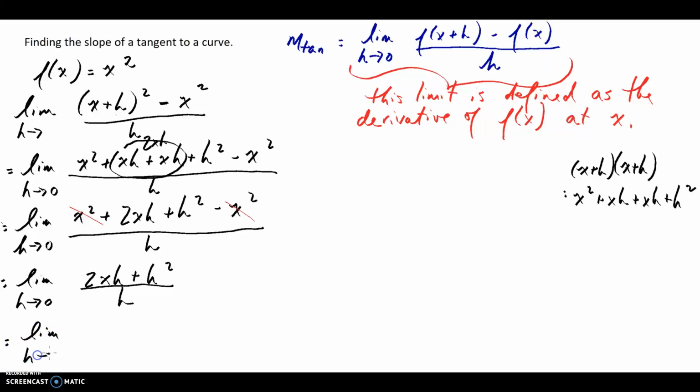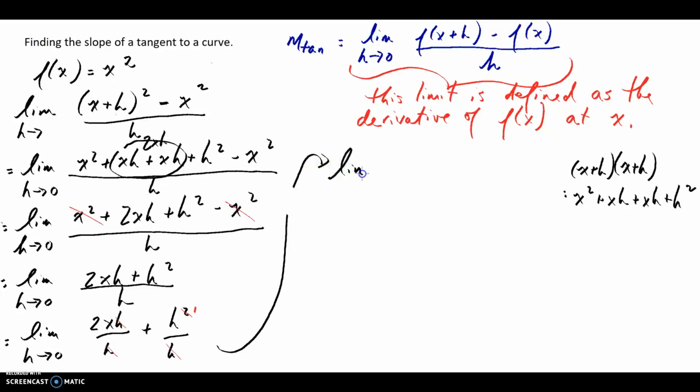The limit as h goes to 0. I'm going to write 2xh over h plus h squared over h. Now we can do canceling of our h. That cancels that, and one of those cancels that. So let's go up over here.